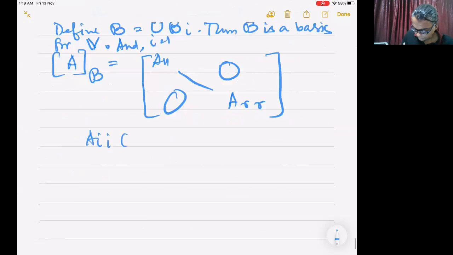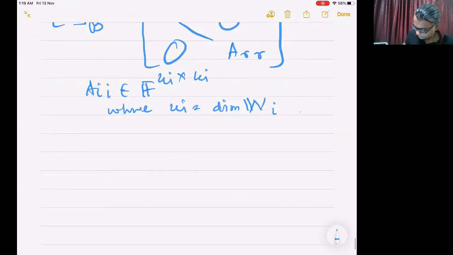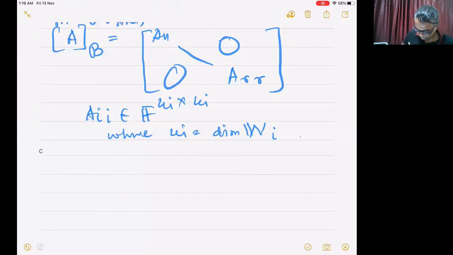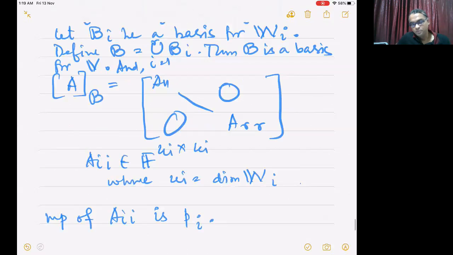Aii is a matrix of size ki cross ki, where ki is equal to the dimension of Wi, and the minimal polynomial of Aii is Pi. That's the theorem. Quite a mouthful, but I hope you understand what's going on.